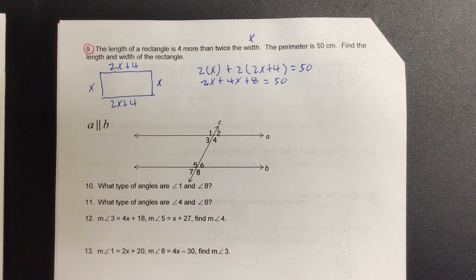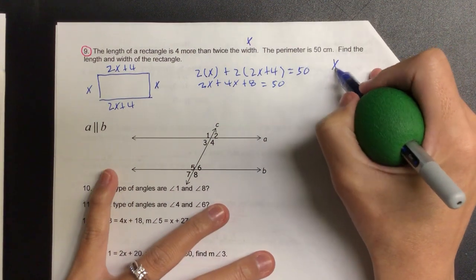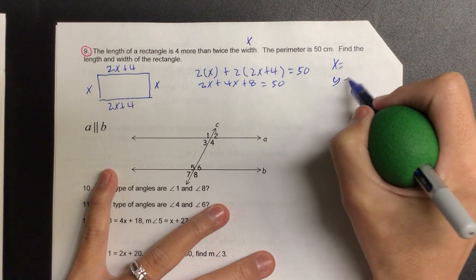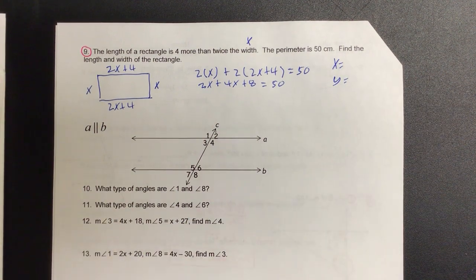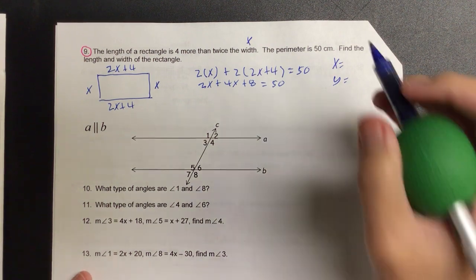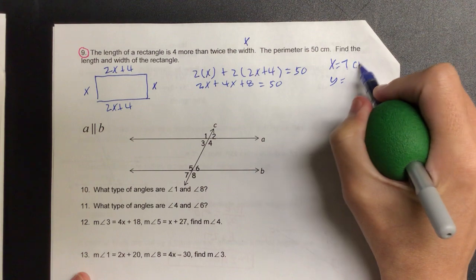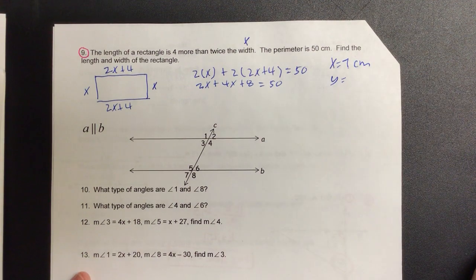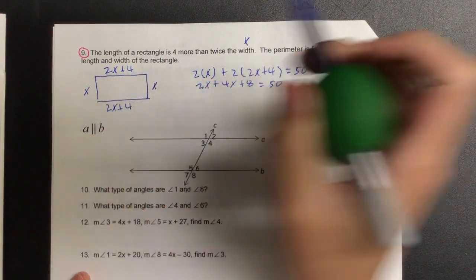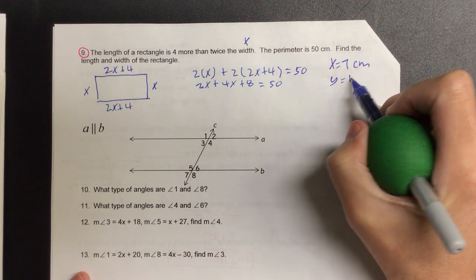Go ahead and solve for x. And your x should be a single digit. How many? 7 centimeters. And then for the other value, it's going to be 2x plus 4. That's going to give us 18 centimeters.